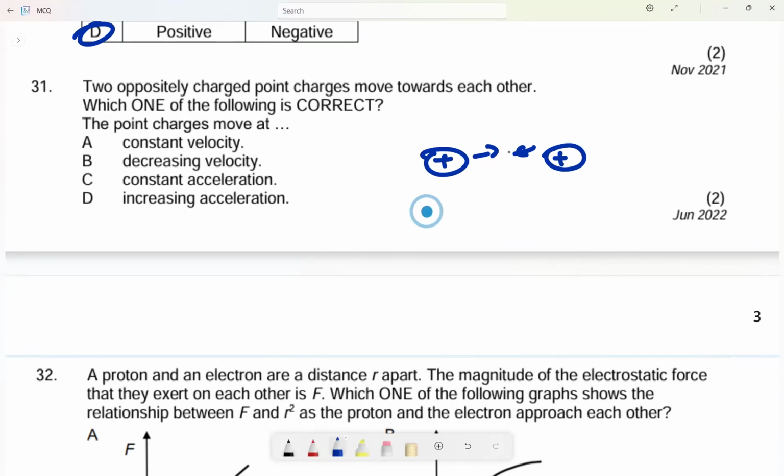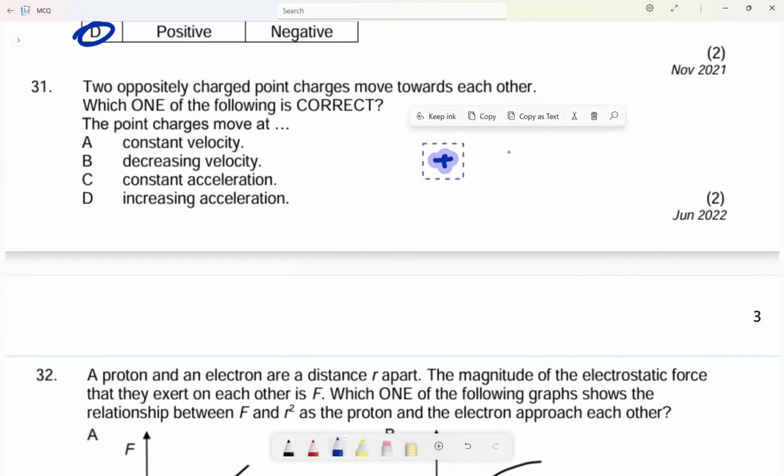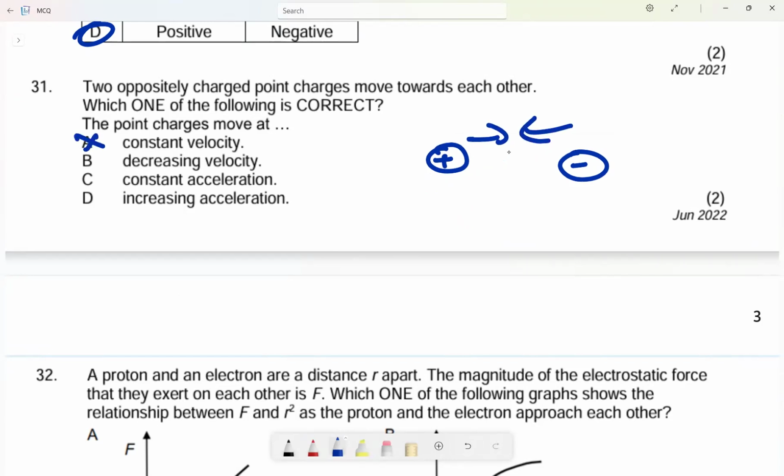Let me repeat that. Oppositely charged point charges, maybe a positive point charge and a negative point charge. If they are moving towards one another, they are accelerating towards one another because they are still exerting a force on one another. So the velocity is not constant.